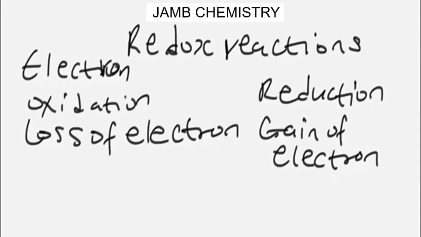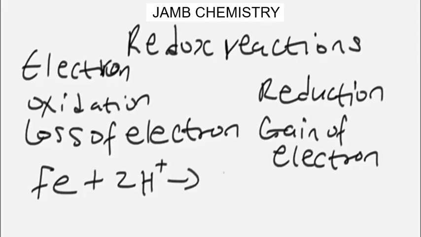Let's look at this simple example where iron atom reacts with dilute acid to form iron 2 ion plus hydrogen molecule. So basically, iron atom reacting with dilute acid forms iron 2 ion and hydrogen molecule.